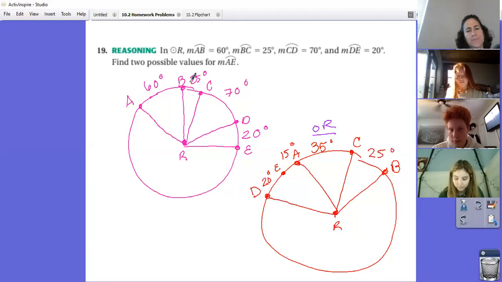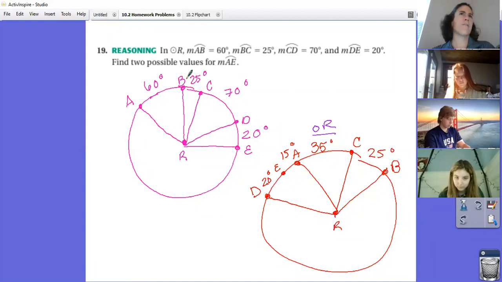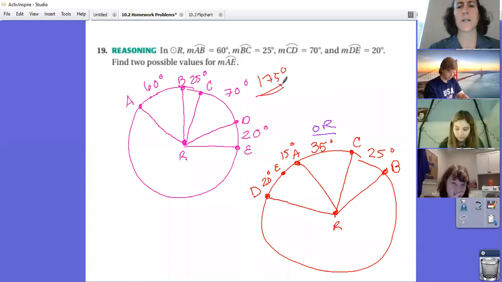So here, arc AE, I would add 60 and 25, which is 85, and then add 70, and then add 20. So one possible measure for arc AE would be 175 if you add all those up.